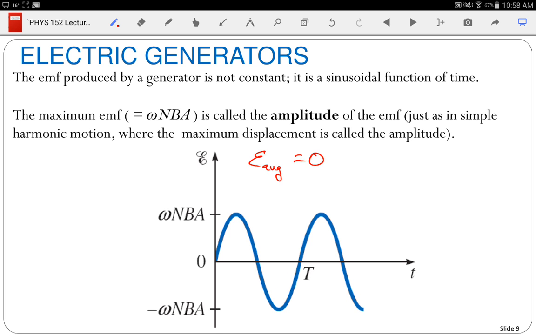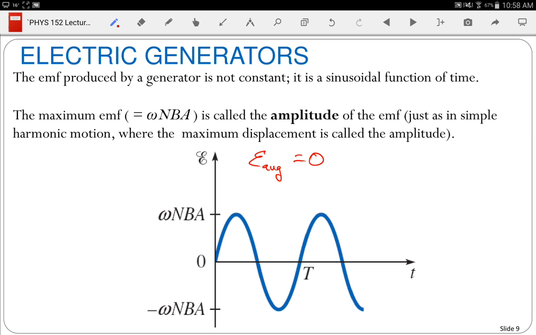Hence, we never ever talk about the average voltage for what we call an alternating current system. We call this alternating current because the voltage is going positive and negative, which means if I connected a resistor to it, the current would first go this direction, then that direction. It would keep changing direction, alternating. So for an alternating current system, the average voltage should be 0, which means it's a useless thing. Yes, this is 0 average voltage.